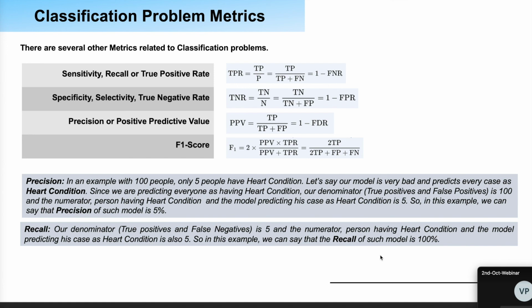So although the recall of this model is 100%, it is still not a good model because your precision is terribly low. So you have to make sure, based on the problem statement you are dealing with, that you are using the right metric for evaluating your classification problem.